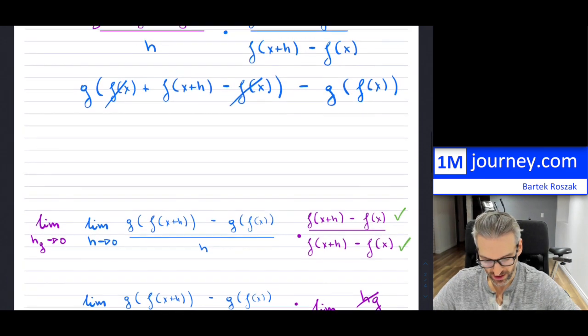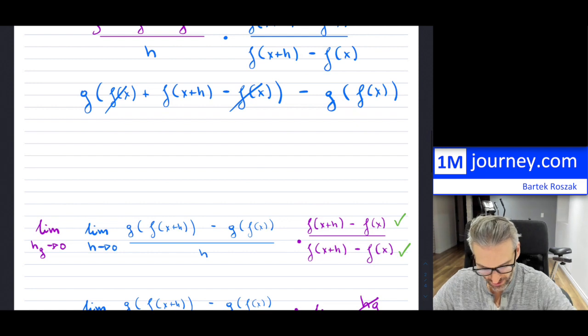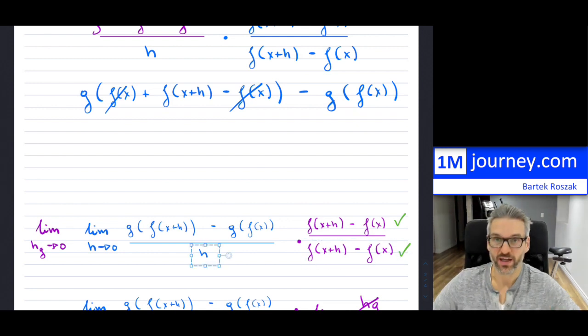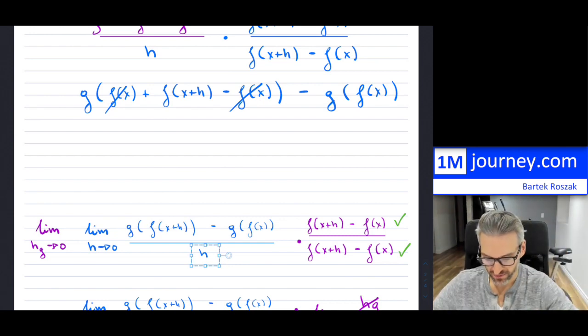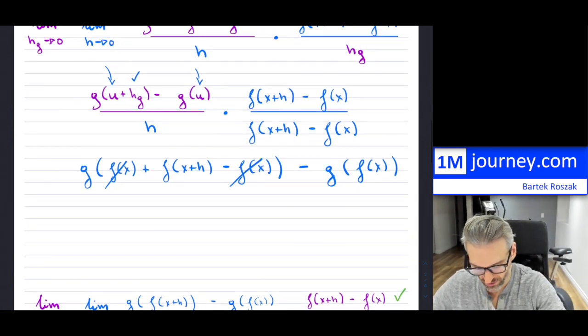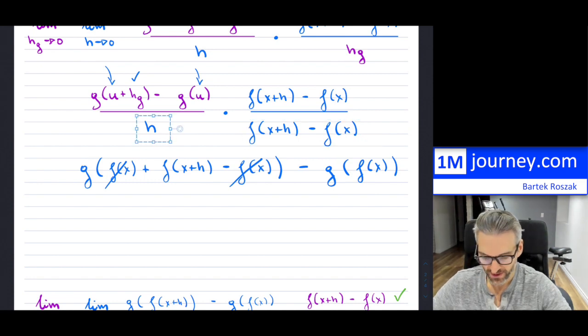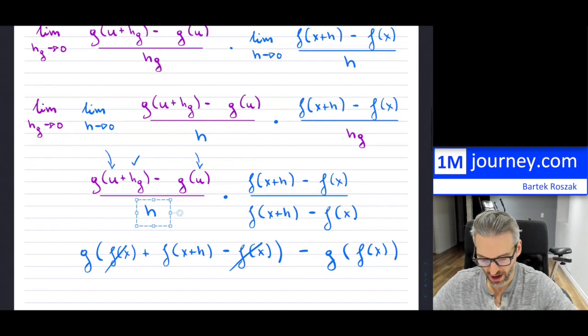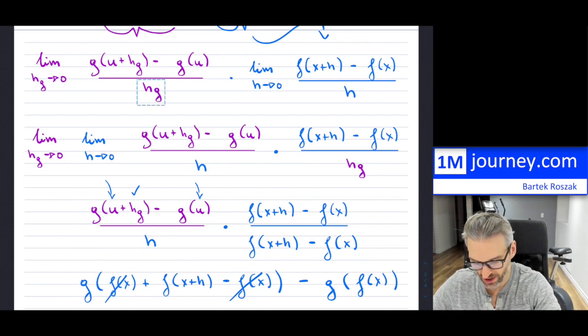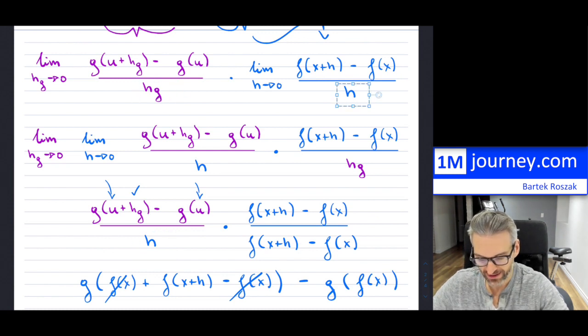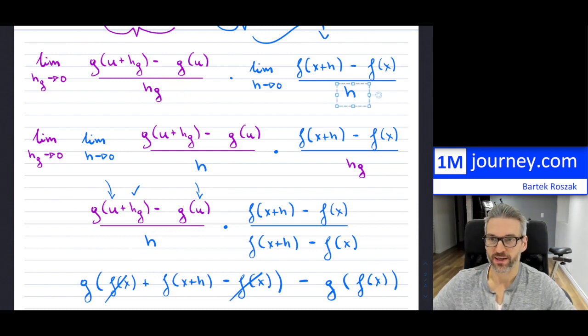Then what we're doing is we're taking this right here and this h and swapping them. So that's what you see happening right here. So this will swap with this. So that's going to swap over. So that's what you see here. That is now within here.